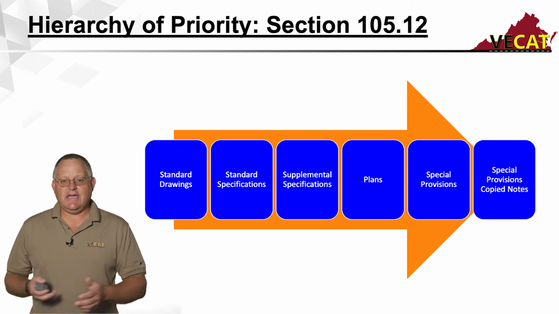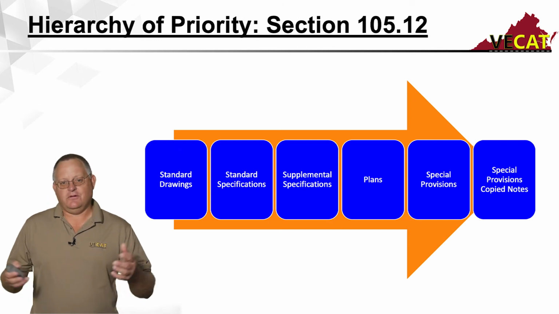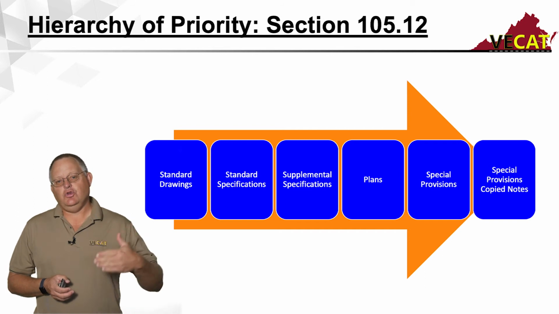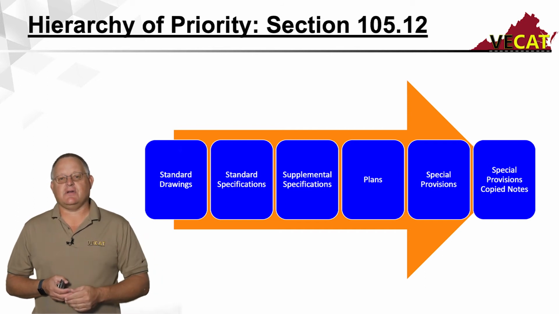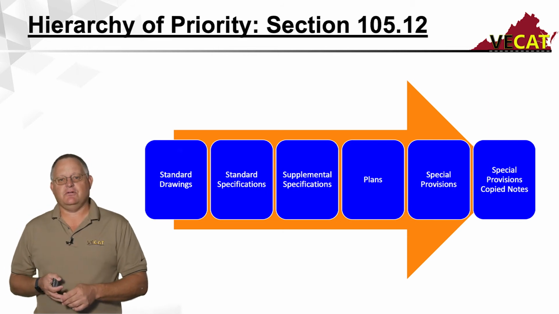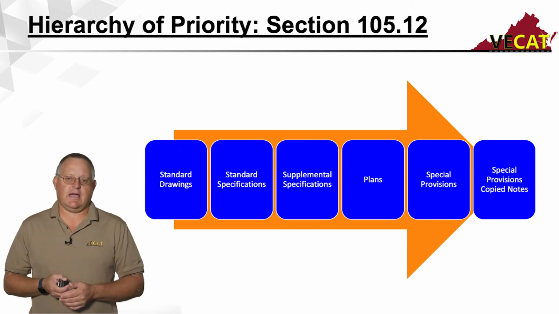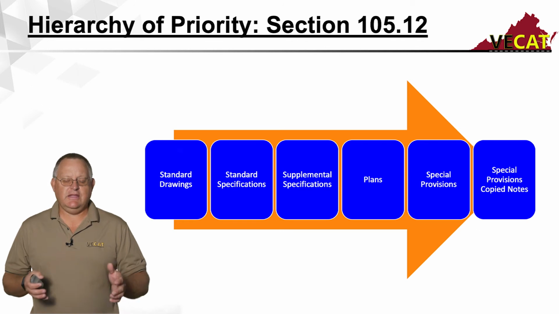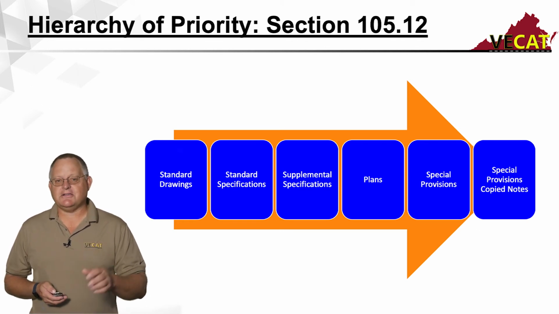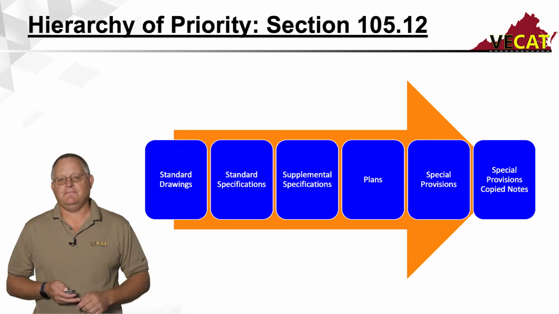So when you're looking at a contract document, whether you're a plant 1, a plant 2, or a mix design technician, you need to know what's in that contract to make sure you're testing or sampling that material per the contract documents. So keep those things in mind. Special provision copy notes are your highest priority. They trump everything.